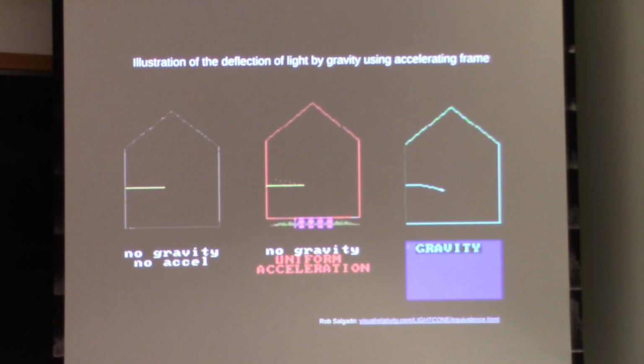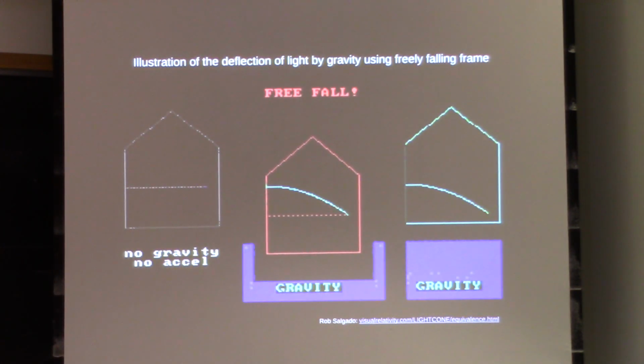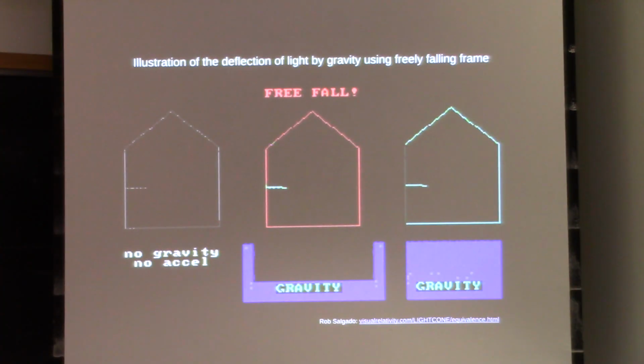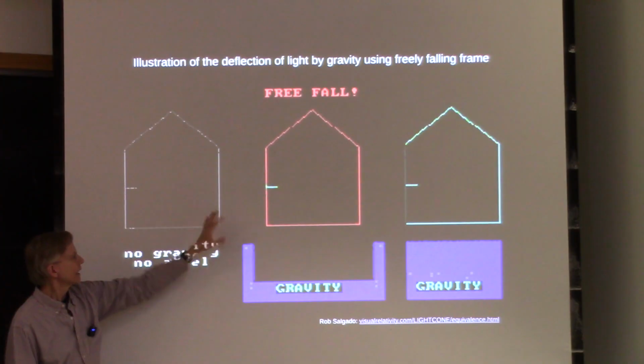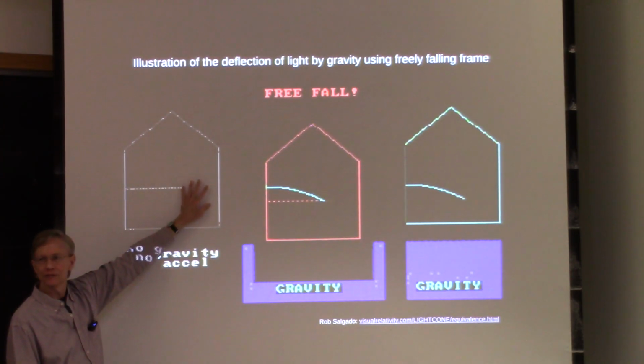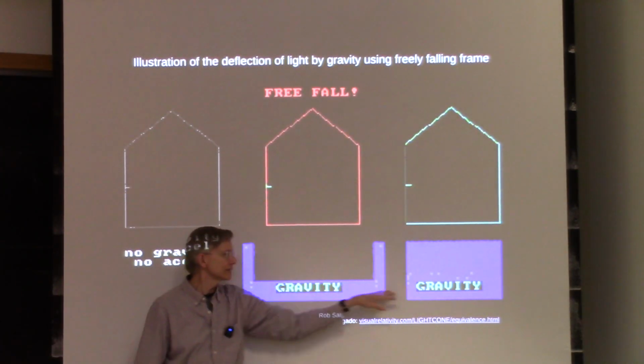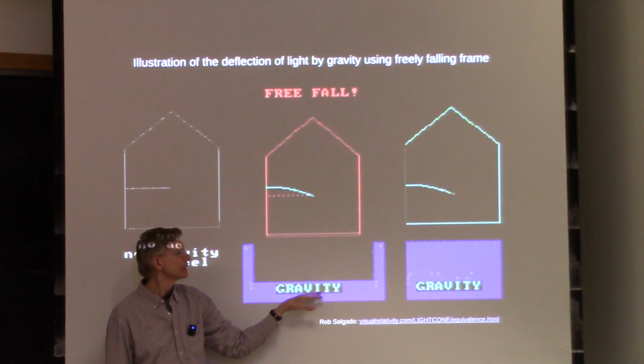And similarly, if we go to the other version of it with the freely falling frame here, so here we're in outer space, this is an inertial frame. Now we're in the vicinity of a planet with gravity.